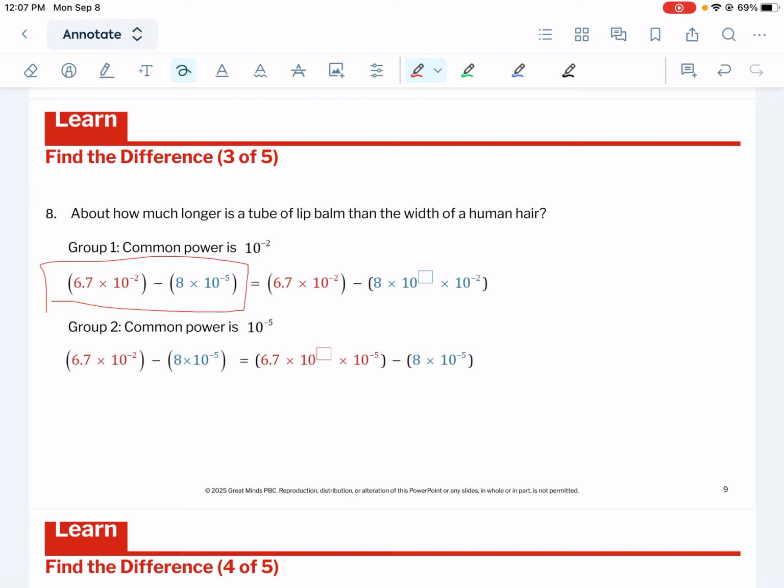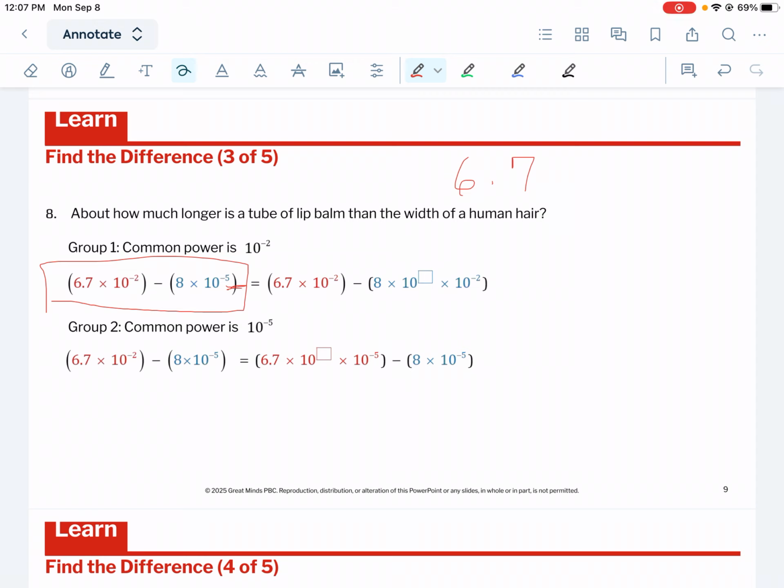If I really wanted to make these exponents equal, all I would have to do is pick a number and move the decimal place either to the left or to the right the necessary amount of times to make the exponents the same. Like for 6.7 times 10 to the negative 2, our smallest exponent here is negative 5.